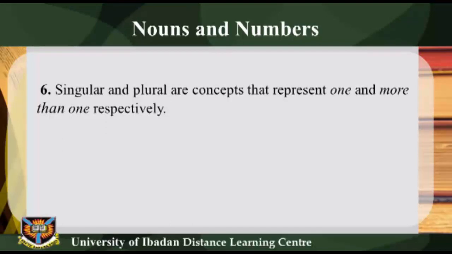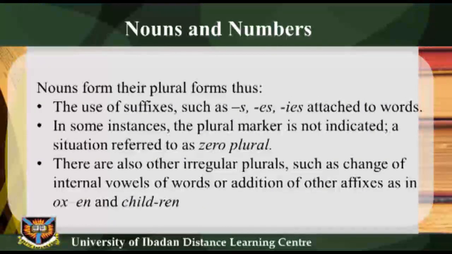Singular and plural are concepts that represent one and more than one, respectively. Having identified countable nouns in the last section, let us see how nouns form their plural forms. In English, suffixes such as s, es, ies are attached to words to indicate plurality.